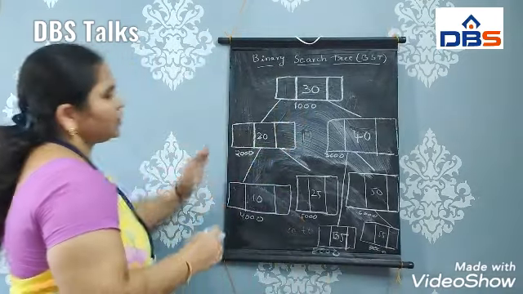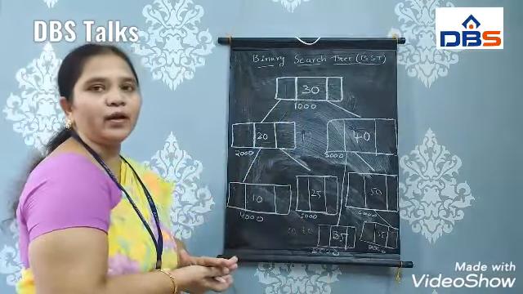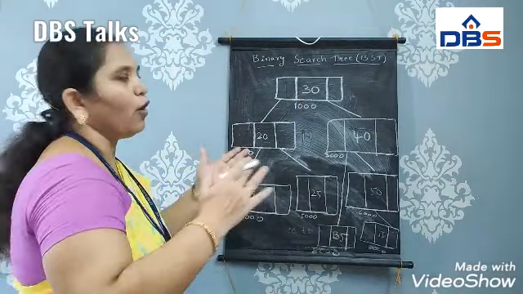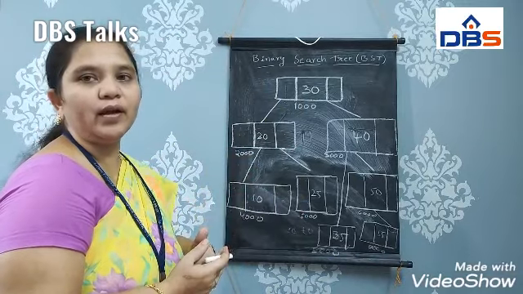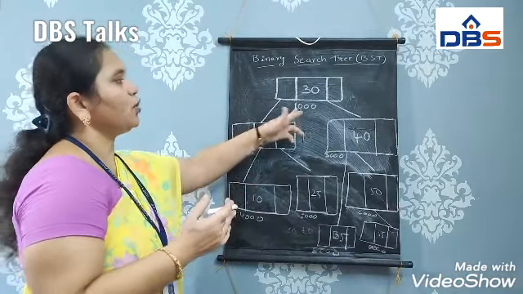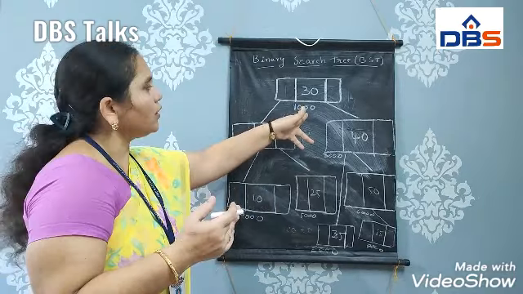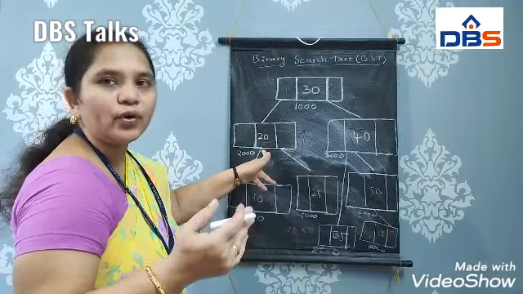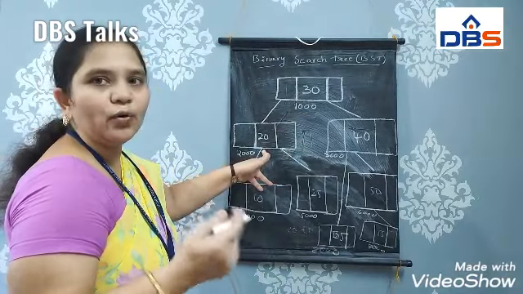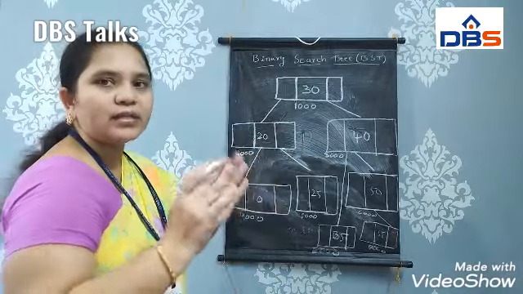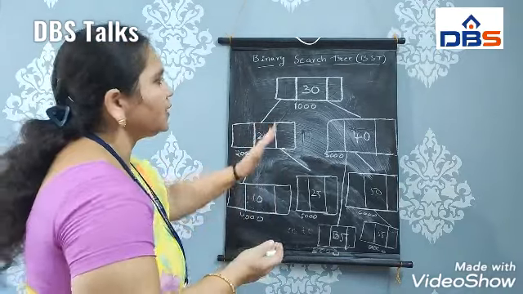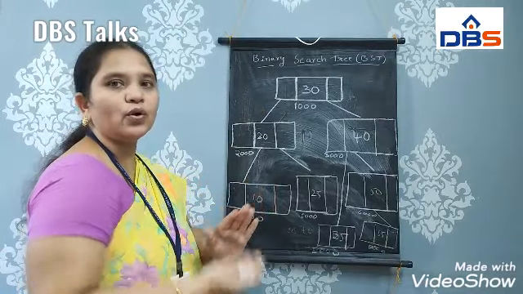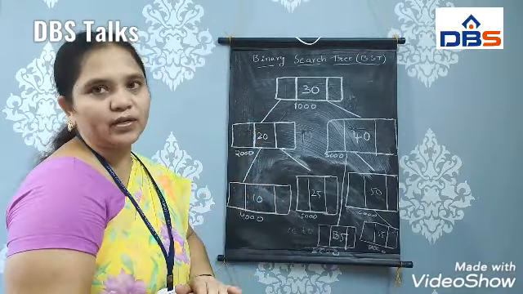So these are all random memory allocations. But linear data structures follow sequential memory allocation. Suppose the first node is stored in the 1000 memory location, the next node will be stored in 1002 according to the size of the data type. But here it is not like this. The binary search tree is stored in random memory allocations.